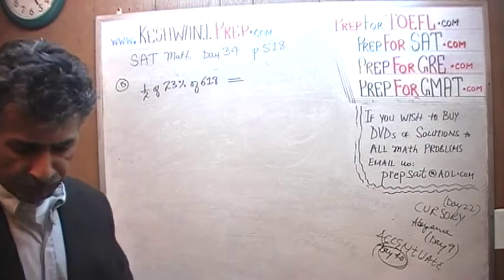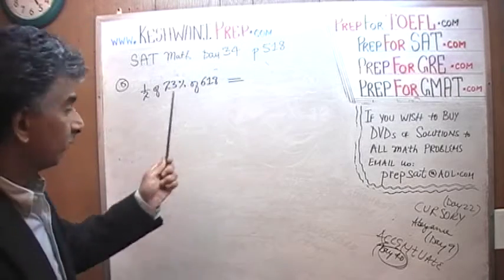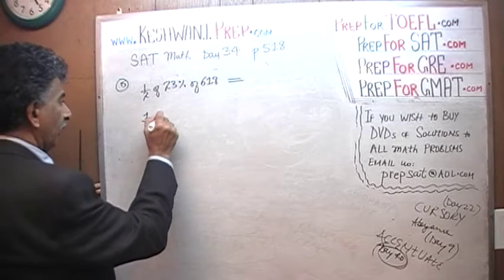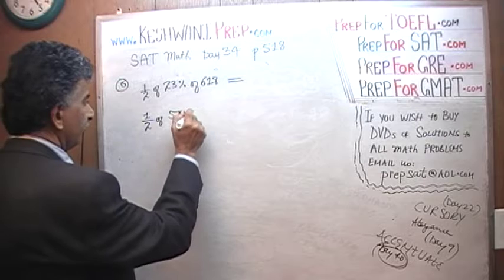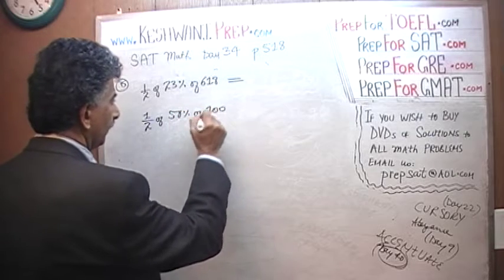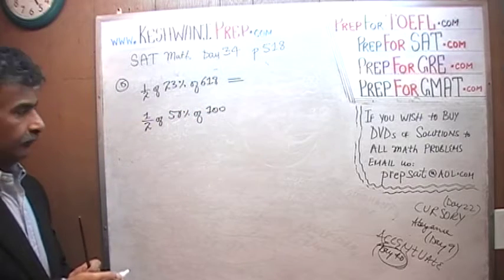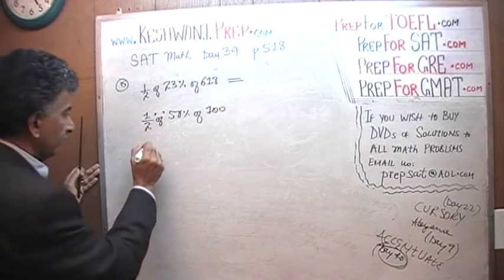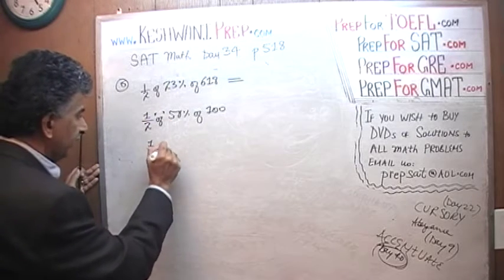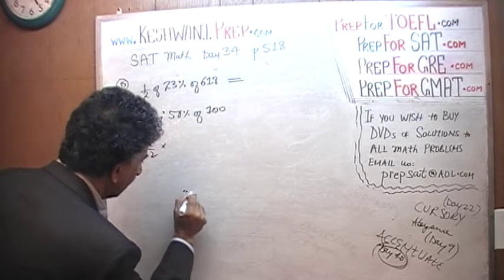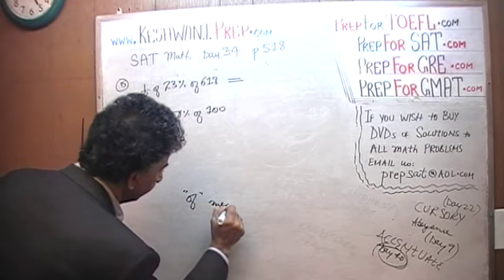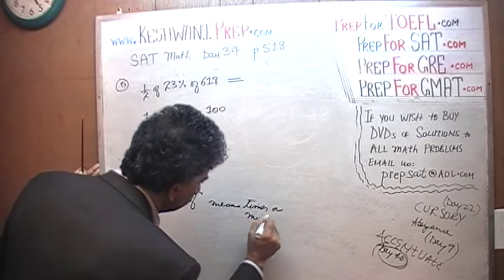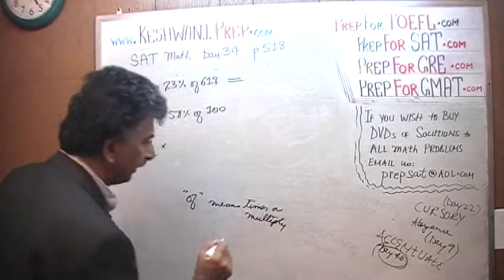Now before we do this problem, let's take a look at something simpler. Can you tell me what this is? Half of 50% of 100. What does the word of mean? It means times.